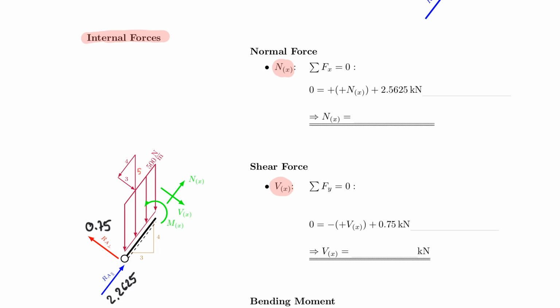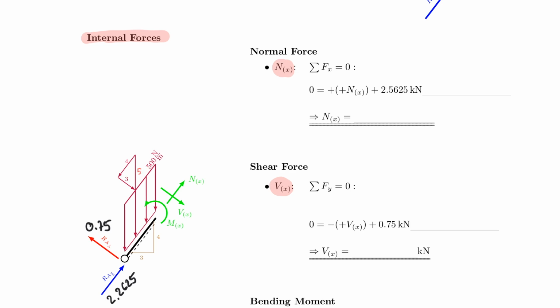I already brought in my normal force. So it's positive N of x plus 2.5625, that's this guy. And now I have to be careful because I'm missing how much this component from the normal force is, so the 4 part of the triangle.